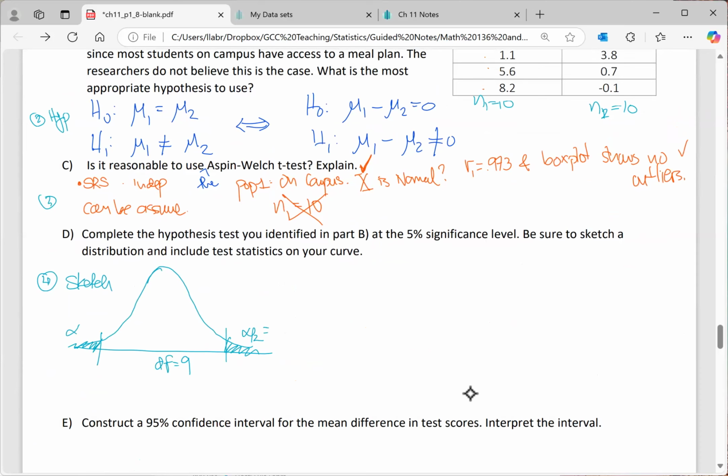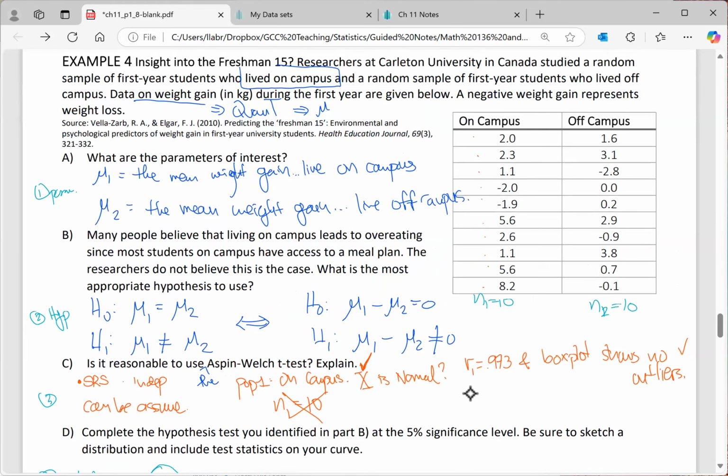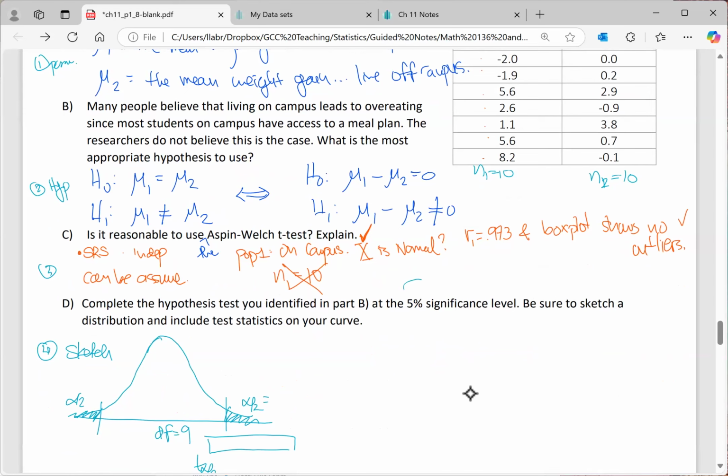And therefore I divide by 2. And I can find my critical value. Now, did they give me an alpha? There is no alpha given, so I'm going to go ahead. Oh, there is actually. There it is, 5% significance level. So alpha is 0.05. And we're going to go ahead and split that in 2, so that's 0.025.